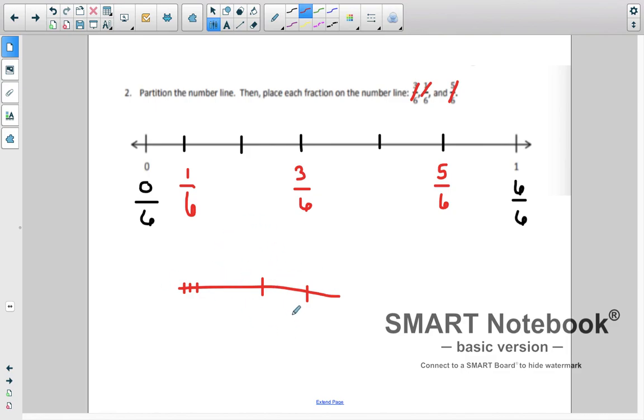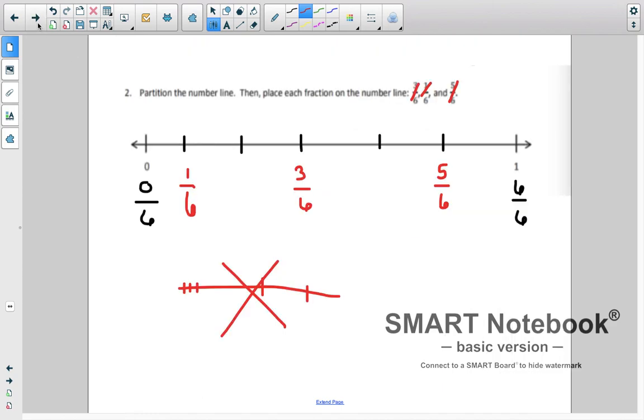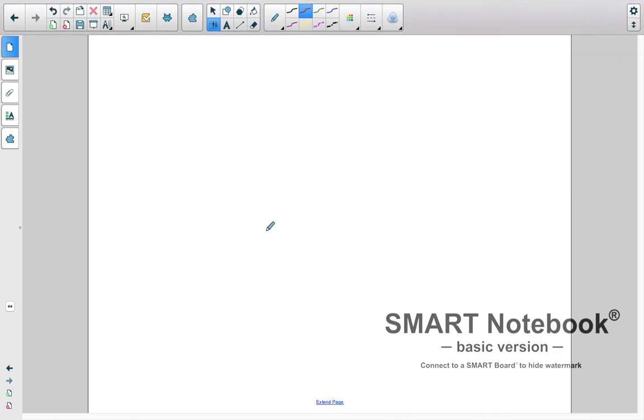If we're working on fractions, they need to have equal parts, as close as possible. Your fractions should be separated as equally as you can. If you look at all my fractions, they're separated as equally as I can. And you also see when we did this, we labeled our endpoints first, then we partitioned, and then I labeled my fraction.